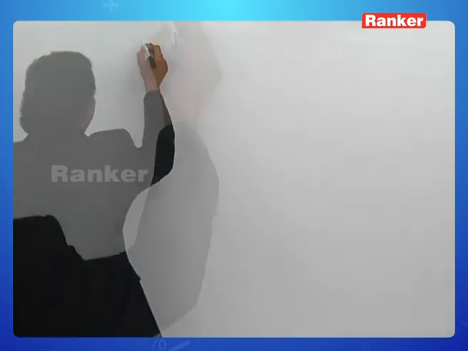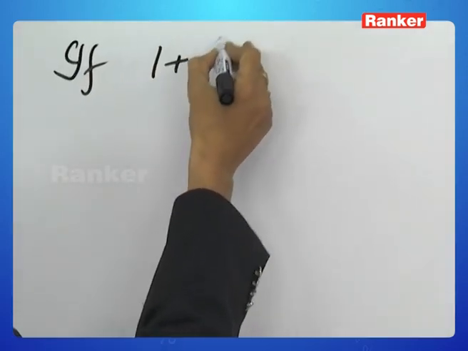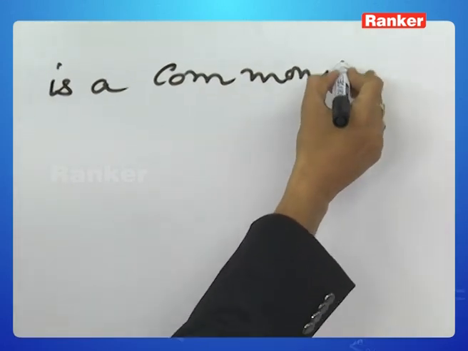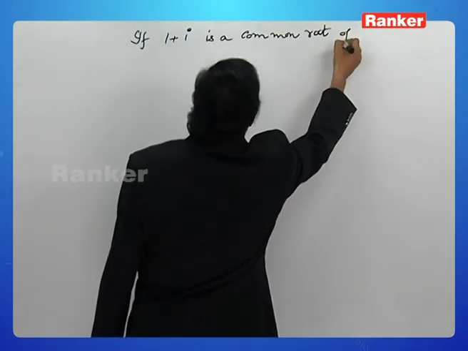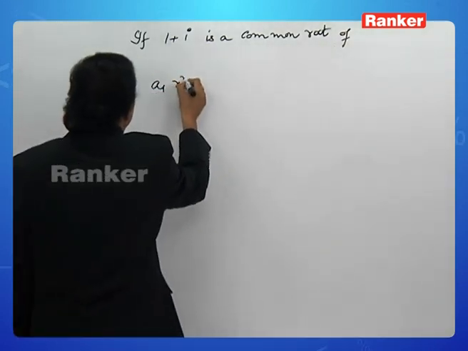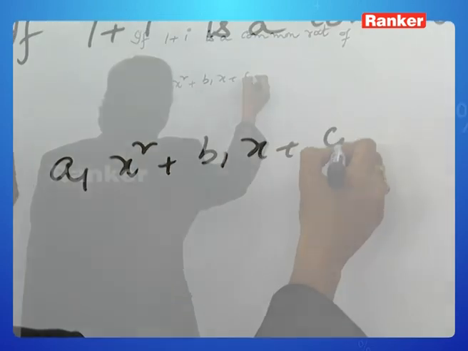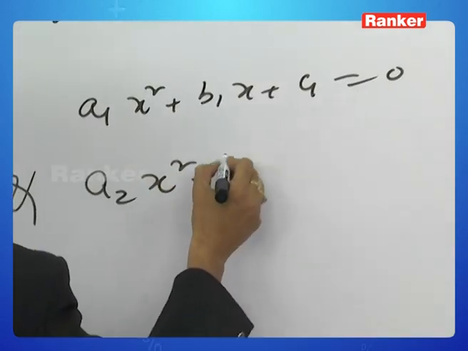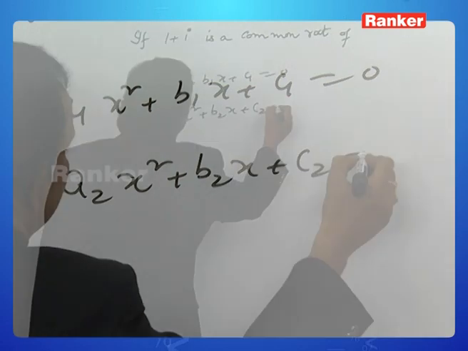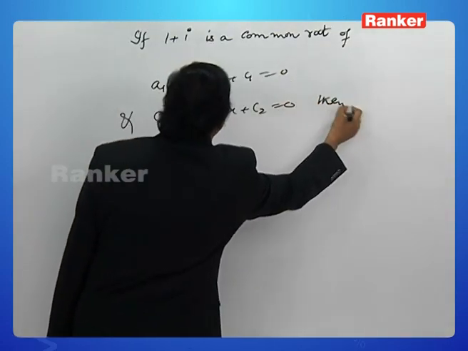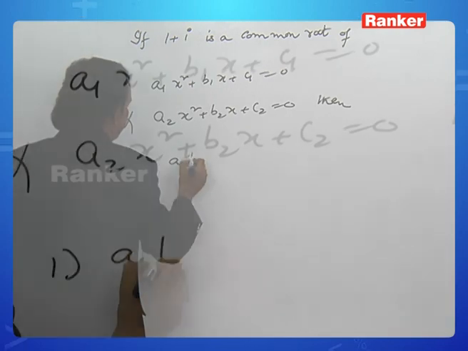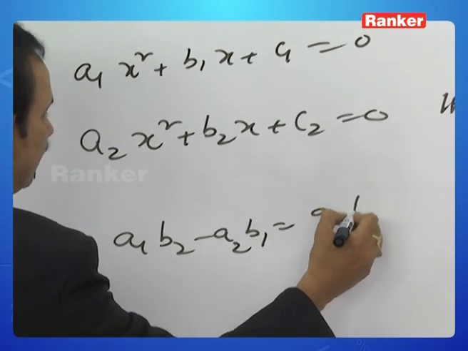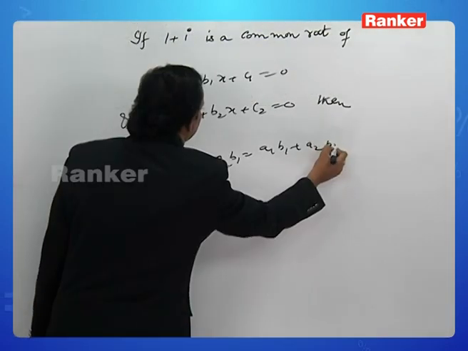Look at this. If 1 plus i is a common root of a1x square plus b1x plus c1 is equal to 0 and a2x square plus b2x plus c2 is equal to 0, then the first option, a1 b2 minus a2 b1 is equal to a1 b1 plus a2 b2.